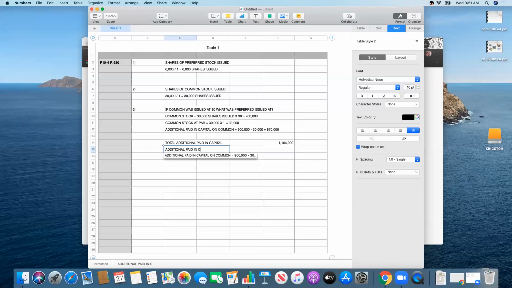Additional paid in capital on common, we just figured out, was 870. So that means, what am I left with?